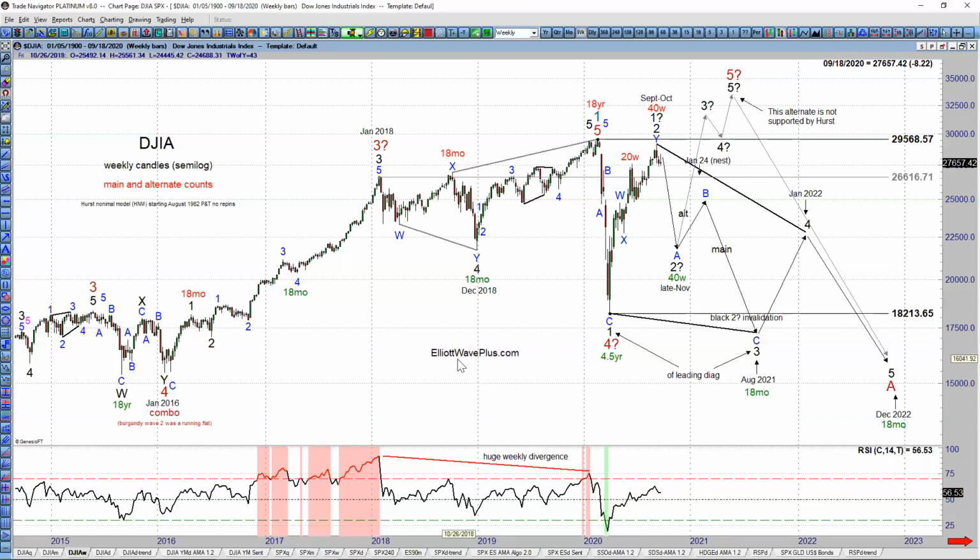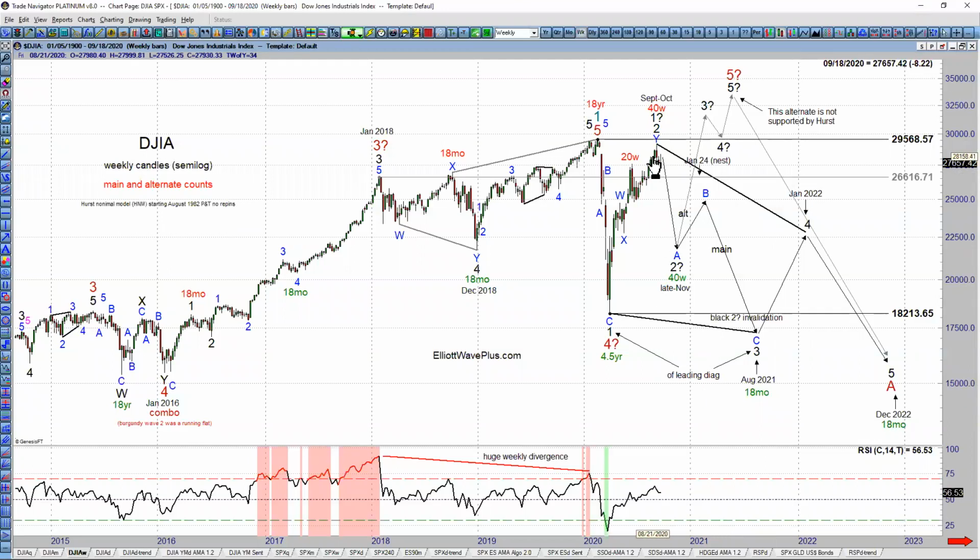Using Hurst cycle analysis as well as the new FTSE cycle tool, and building a projected forward roadmap, I'm still looking for down into November, up into the January, February timeframe of next year, and then on down through August of 2021.